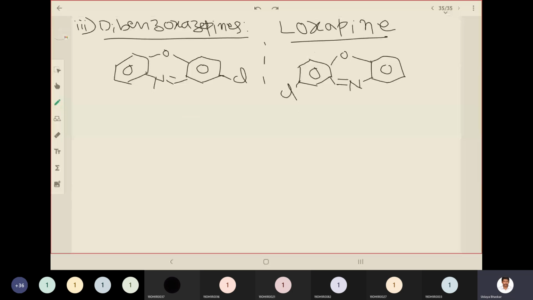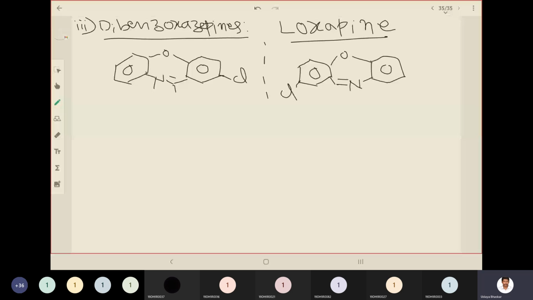Okay, the substituent present at this position is a piperazine ring with a methyl substituent here. You can remember either of the structures. And this is the salt of succinate.